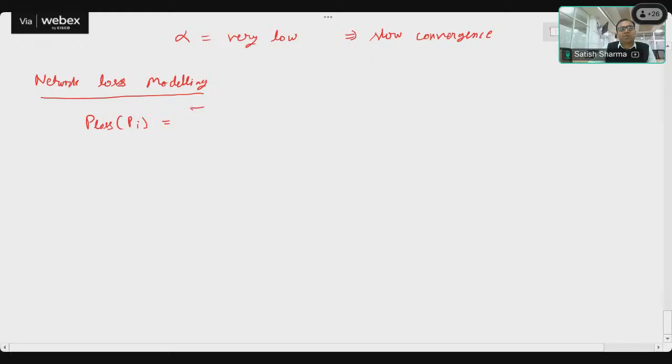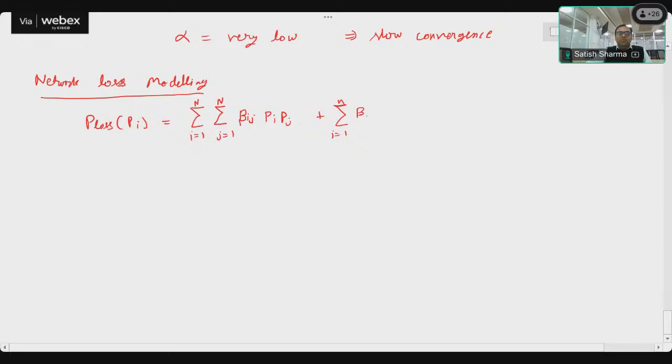And that loss formula says P loss equals the summation for i equals 1 to n, if we have n generators, and summation of j equals 1 to n, of Pi Bij Pj. So this is our quadratic term where two powers are being multiplied, so the rank is 2. Then we have a single linear term as well, summation i equals 1 to n, and this is called beta. So this is not b, this is beta. Generally these are called B coefficients.